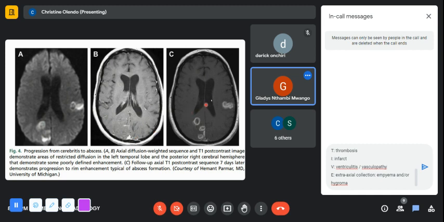And then the MRI done 7 days later, at this point in time, we're seeing the ring enhancing lesion, which now shows that the patient had progressed to form a cerebral abscess, multiple cerebral abscesses in that area.